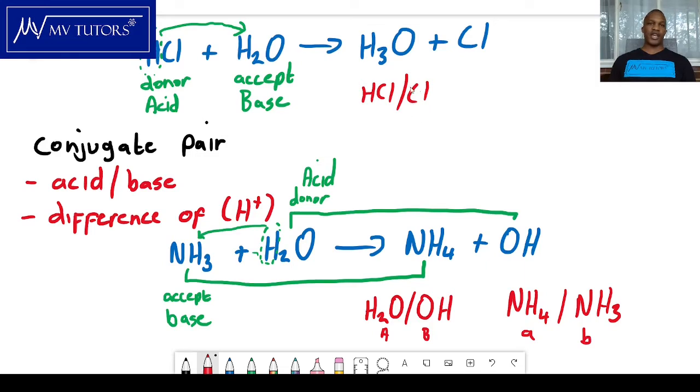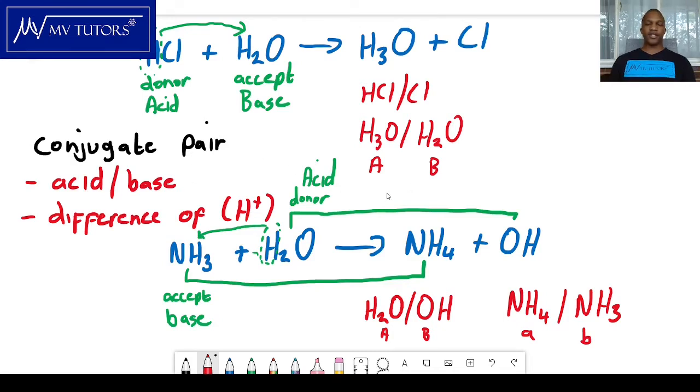For the other pair, we start with H3O, which has more, and then H2O. So acids on this side and bases on this side. You can see that the acids always have one more H than the other between the conjugate pairs.